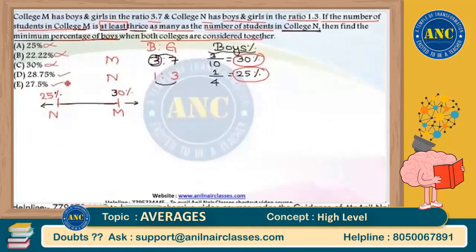Now, let us continue further. If I rewrite this diagram, boys and girls are in the ratio 3:7 in college M, and in college N it is 1:3.